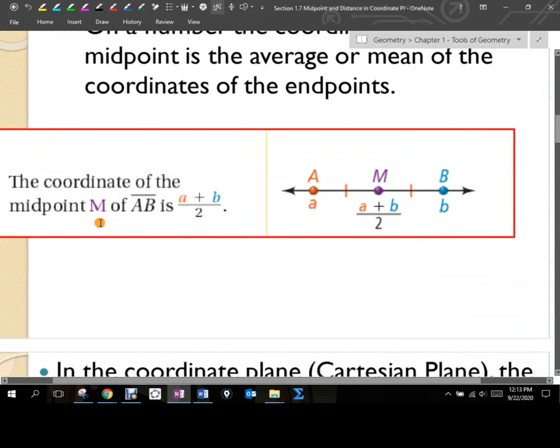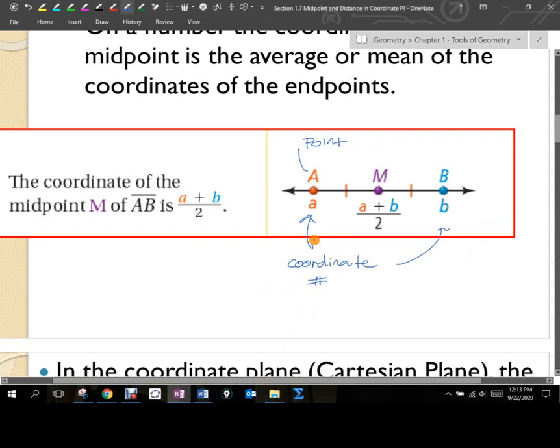You see here in this formula, okay, capital A is the point. That's the name of that position on my number line. Lowercase a is what we call a coordinate, and that's going to be obviously a number for us. Okay, B is also a coordinate, or lowercase b.